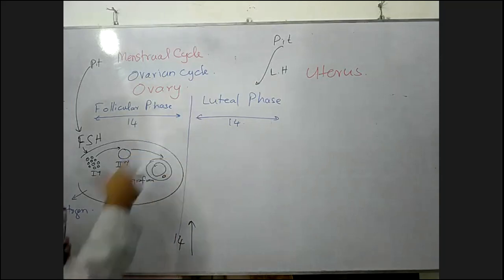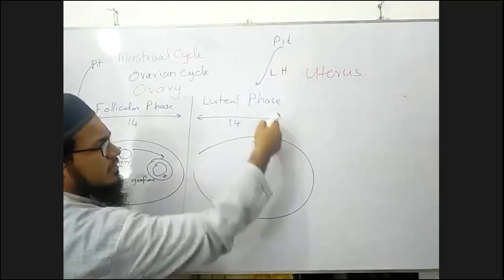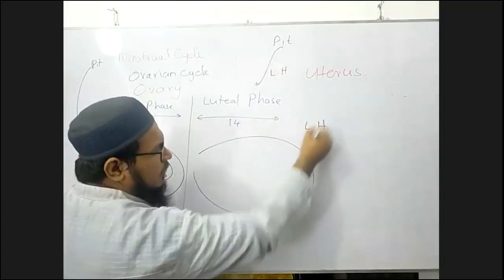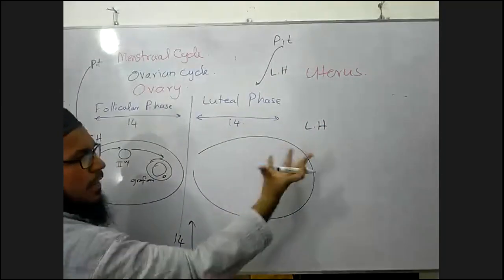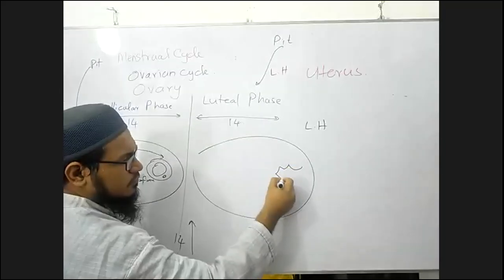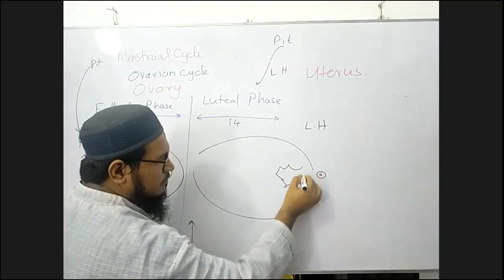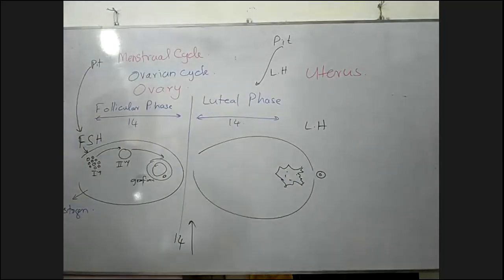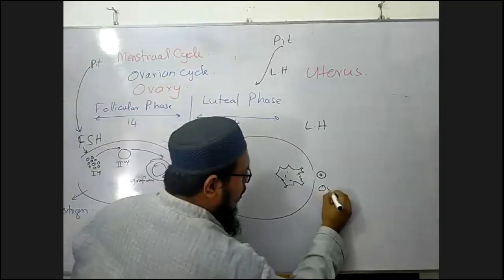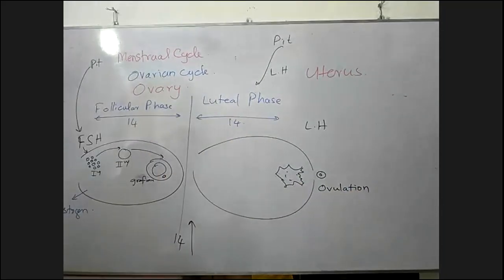Because of that, this Graafian follicle will blast. Like a bomb, it will blast and release the ova on the 14th day. This process is known as ovulation.